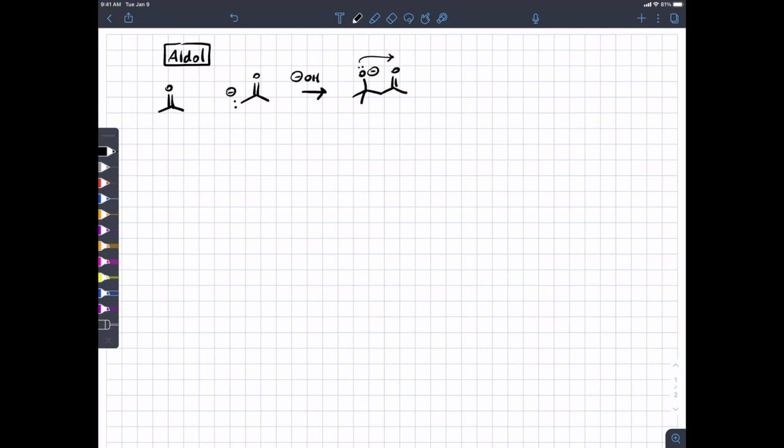So we wait, and then the negatively charged oxygen gets protonated by water, and we get to our aldol product, which is a beta hydroxycarbonyl compound, or alternatively, we go on to do the elimination reaction and get the alpha beta unsaturated carbonyl compound.